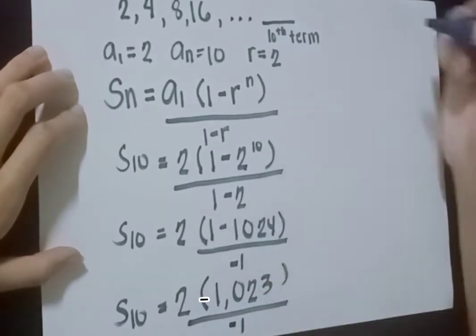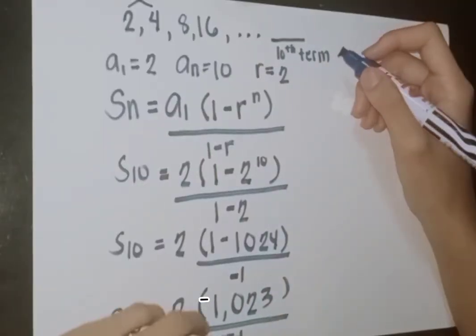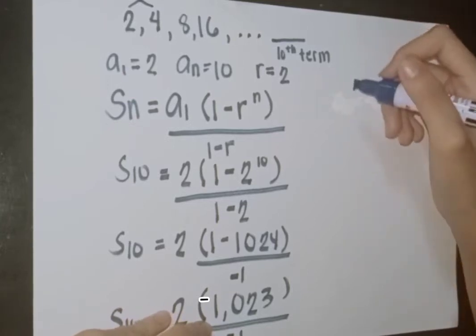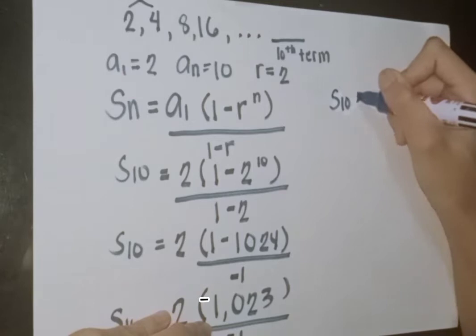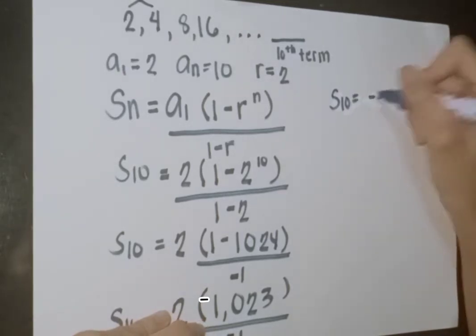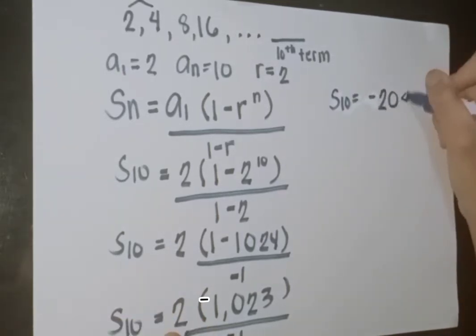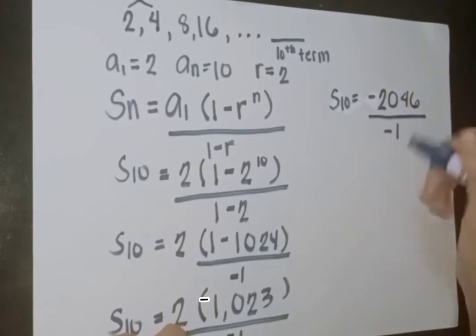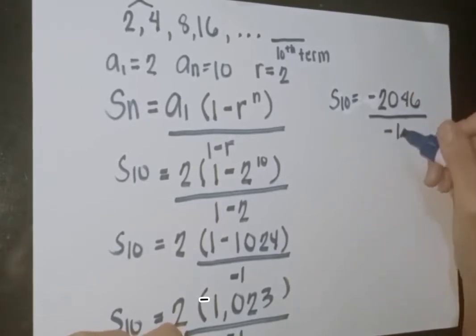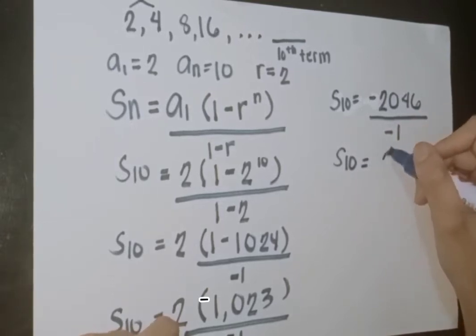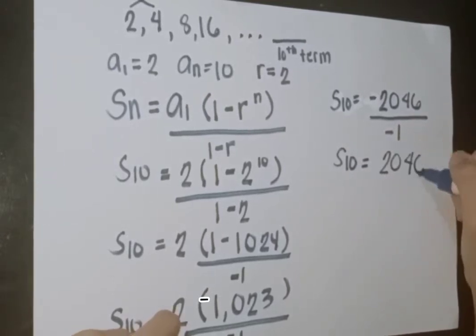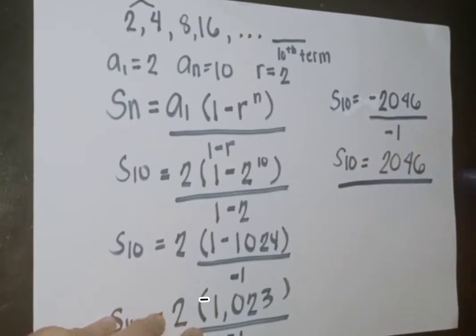Next, we will multiply the numbers outside and inside the parentheses, which is 2 times negative 1023. S10 equals negative 2046 divided by negative 1. Lastly, negative 2046 divided by negative 1 is positive 2046. So the answer, or the sum of the first 10 terms, is 2046.